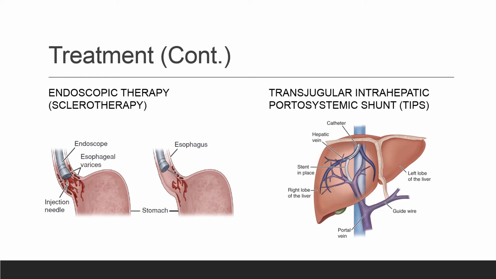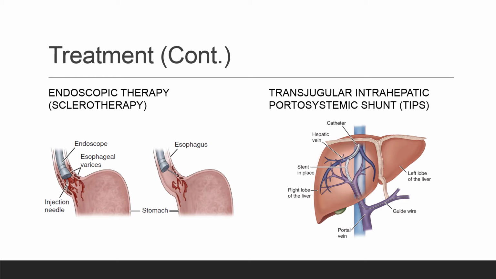Our next treatment, which I will go over, is the TIPS procedure, or the transjugular intrahepatic portal systemic shunt. So in this procedure, a cannula is threaded into the portal vein by the transjugular route.